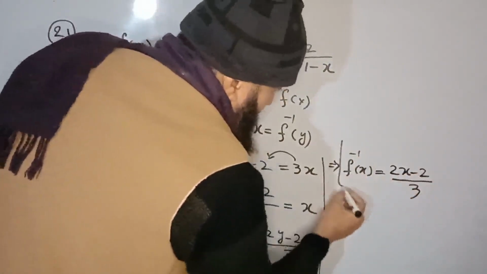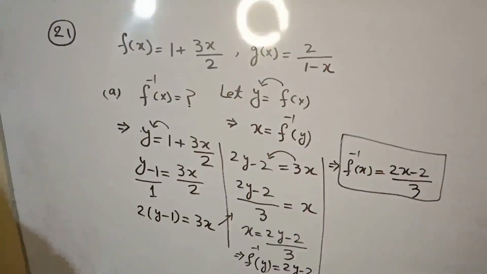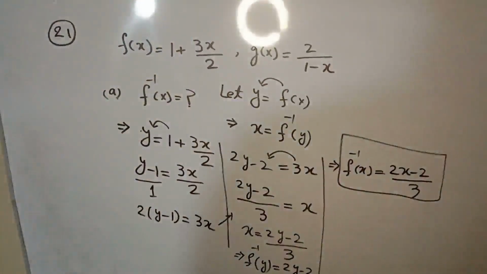So this is the answer of part A, in which we have to find f inverse of x, and we found that f inverse of x is equal to 2x minus 2 whole divided by 3.